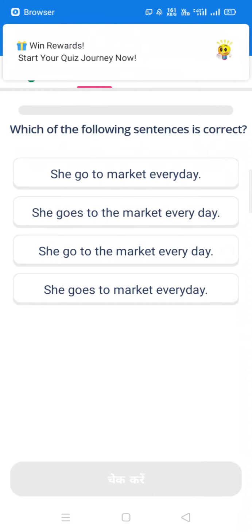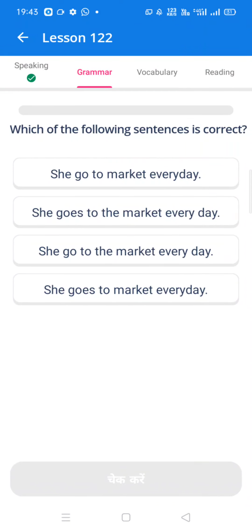Okay. So now you see: which of the following sentences is correct? She go to market every day. She goes to the market every day. She go to market every day. She goes to market every day. Which one is correct? Number one, two, three, four. Please tell me. No, the sentence doesn't need to be written.